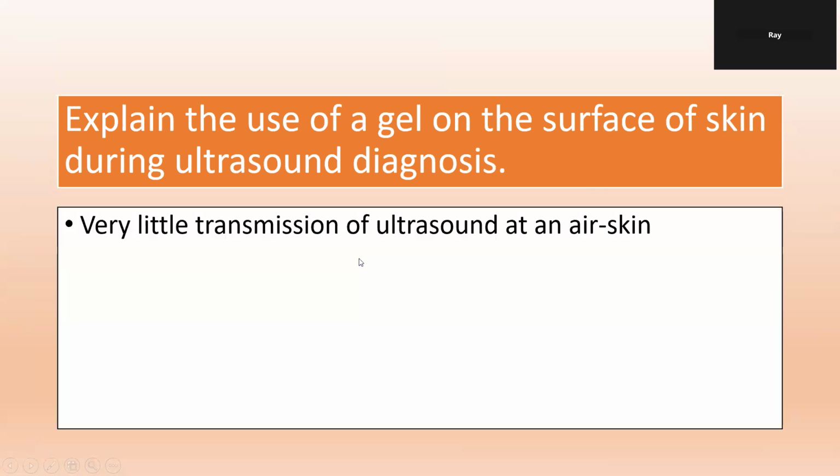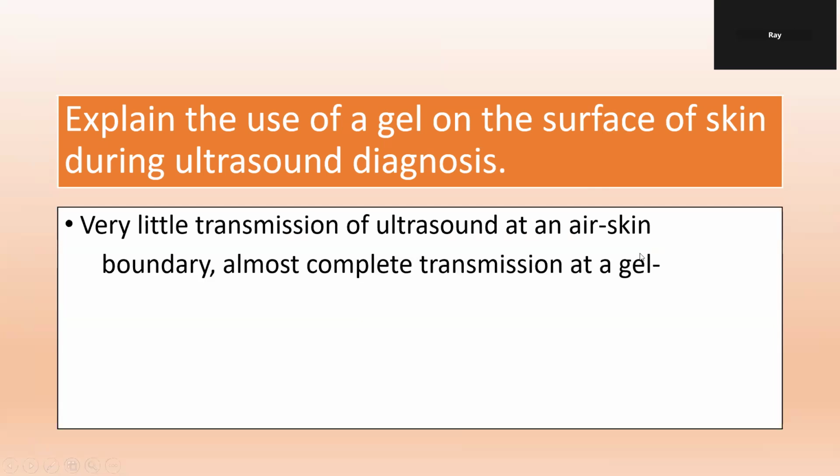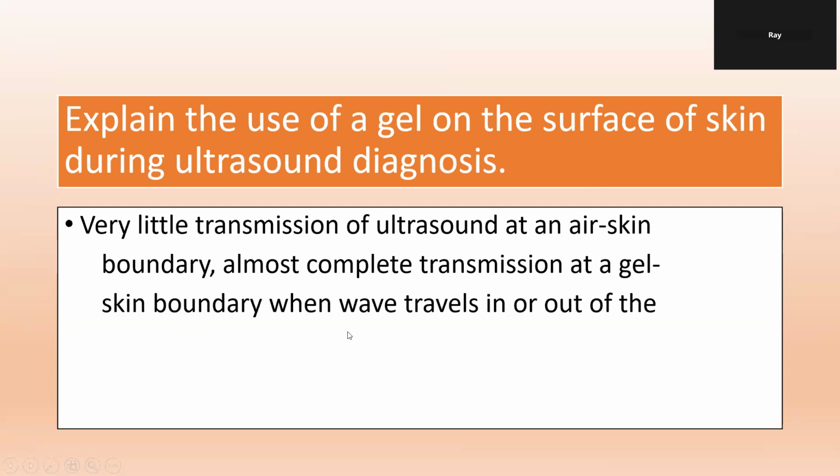Very little transmission of ultrasound at air skin boundary. Almost complete transmission at gel and skin boundary when wave travels in and out of the body. Remember, the ultrasound has to enter the skin and has to get out from the body through the skin.